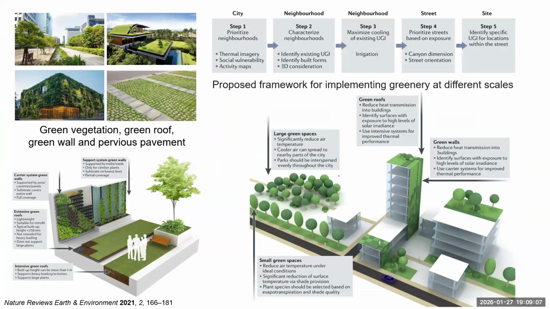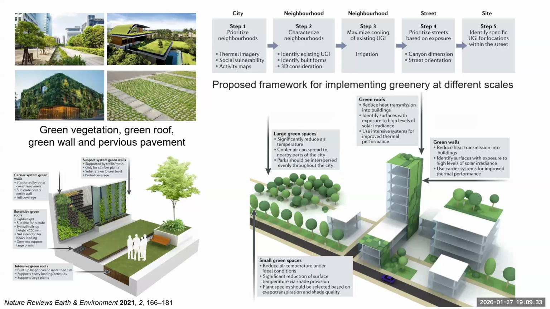Then maybe you are curious about this proposed framework for implementing the greenery at different scales. We can see it includes green vegetation, the green roof, the green wall, and pervious pavement.